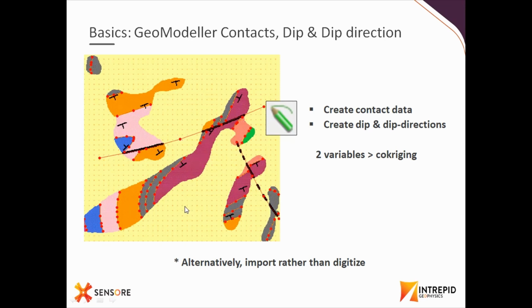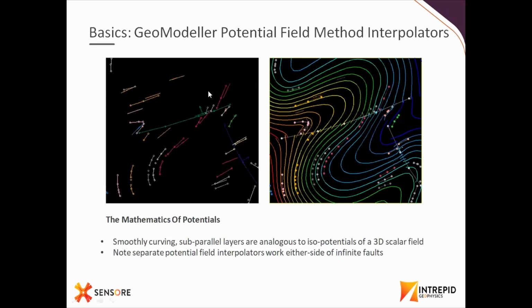After extracting all this information, this is how the surface will look like. This is just an intermediate interpolation stage. This is not the complete model picture, but just to give you some idea how GeoModeller has done the interpolation.